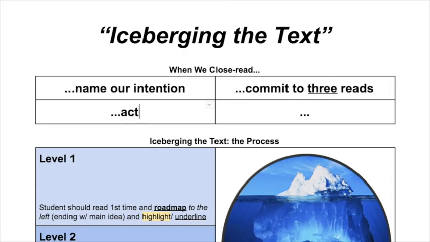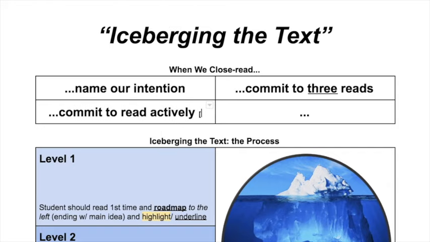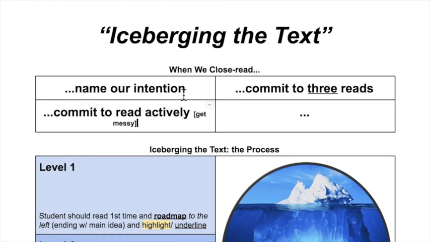The third thing, which you'll hear me say a lot in my classroom, is that you need to commit to reading actively. This means, and I'm going to make this kind of small, but it matters a lot, get messy. You should get very messy on your paper, or if it's digital, on your Google Doc. You need to be putting your thoughts on the page itself.